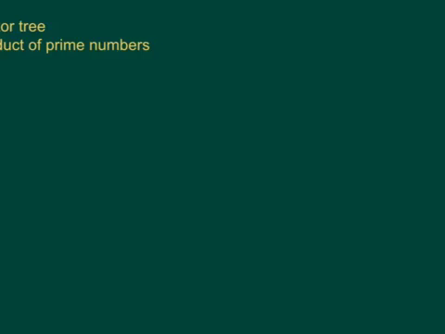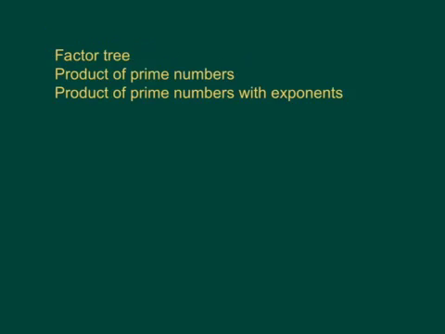And then also as the product of prime numbers, but the second time, if you can, it's going to be the product of prime numbers with exponents. If you need to see some examples, just look at the ones that are already done.